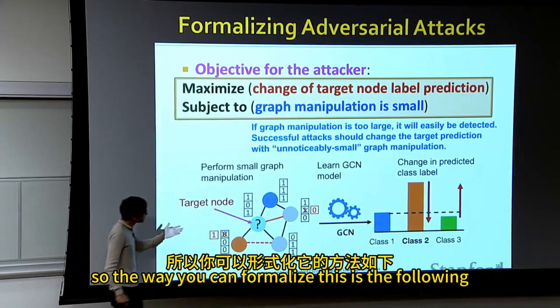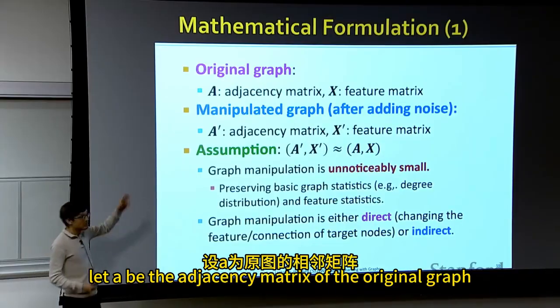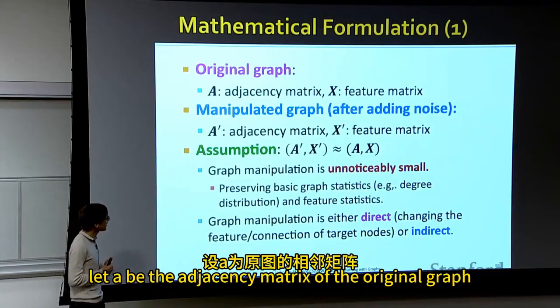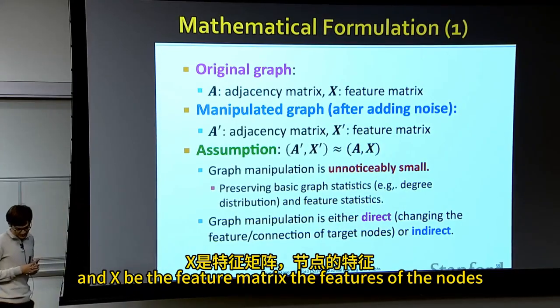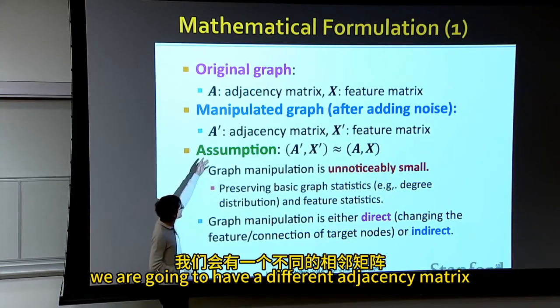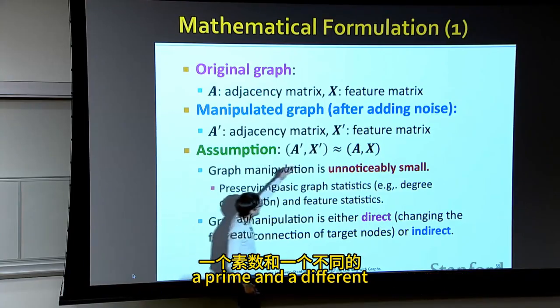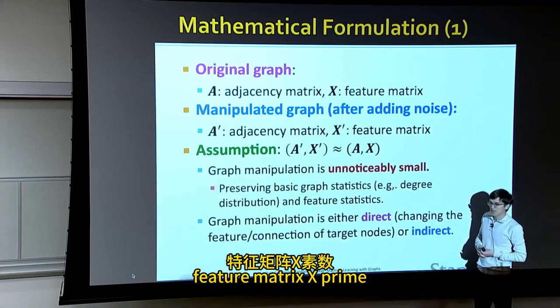So the way you can formalize this is the following. Let A be the adjacency matrix of the original graph, and X be the feature matrix, the features of the nodes. And after the attack, we are going to have a different adjacency matrix, A prime, and a different feature matrix, X prime.